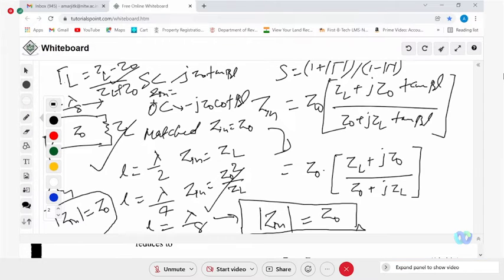So next we will discuss Smith chart. We will start this new topic, Smith chart, and we'll see how we can use the Smith chart for matching the impedance from the load.